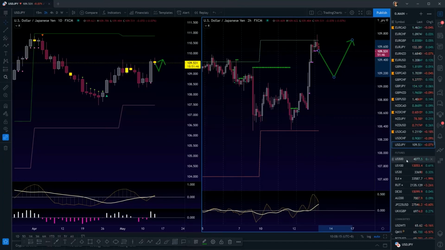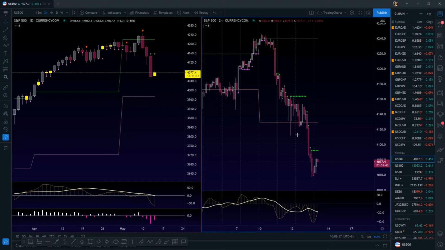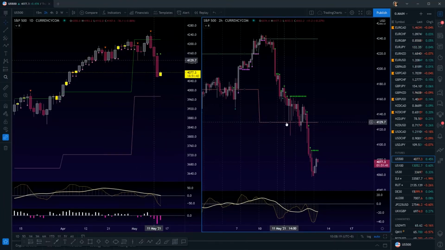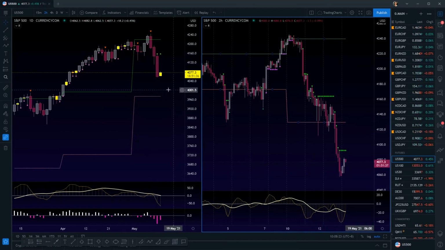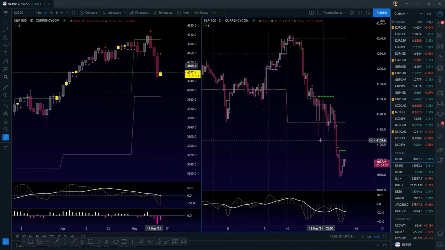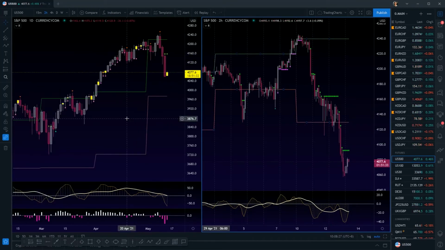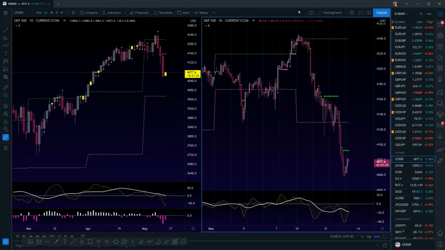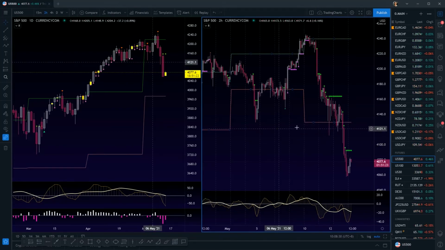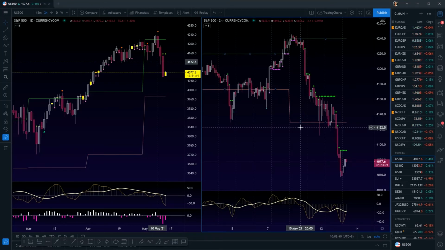Okay, so let's move on to indices. Well, looks like there was a sell-off yesterday. As far as indices are concerned, it just looks like an overextended market. You never know when things just move downwards.